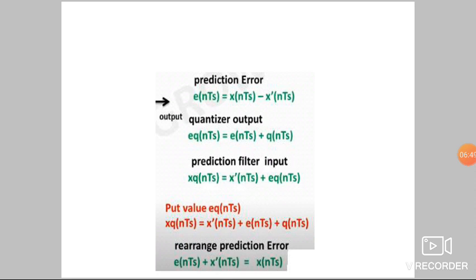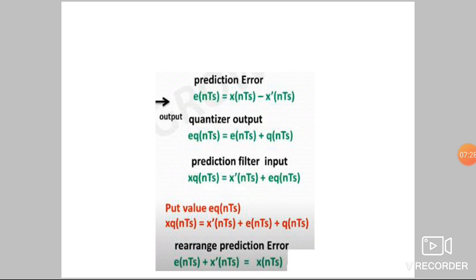From the block diagram of the prediction filter, input x_q(nTs) is obtained by the sum of x̂(nTs) and the quantized output e_q(nTs). That is, x_q(nTs) equals x̂(nTs) plus e_q(nTs). By substituting the value of e_q(nTs) from the equation given here, x_q(nTs) equals x̂(nTs) plus e(nTs) plus q(nTs).